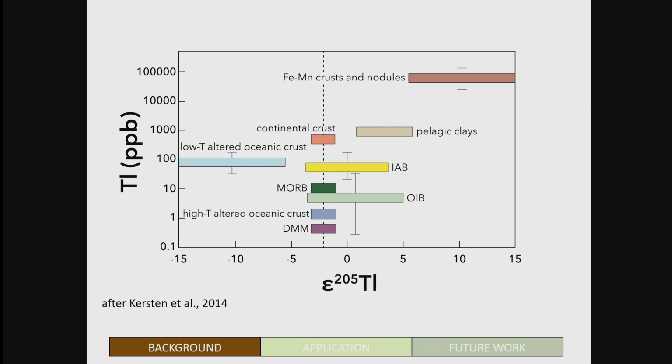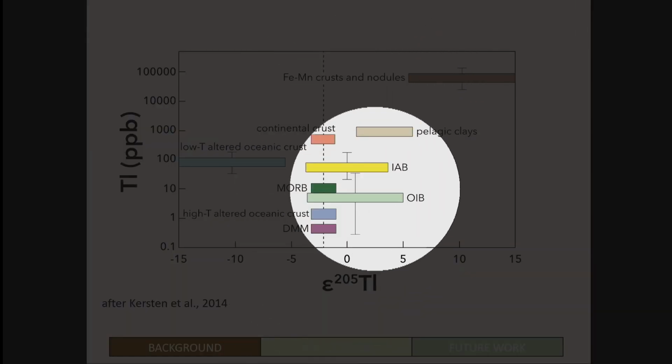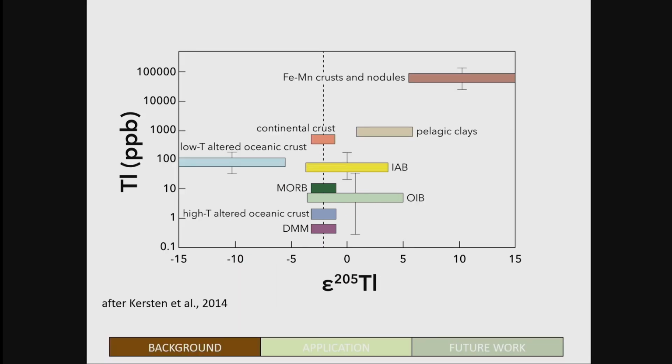In this diagram, if we were to look at this dashed line that's going vertical here at about -2, -2.5, that's the bulk silicate earth. And so you can see that a lot of especially high temperature geologic reservoirs don't fractionate thallium very much. Sometimes this may seem disappointing, but in a lot of ways this actually is very useful.